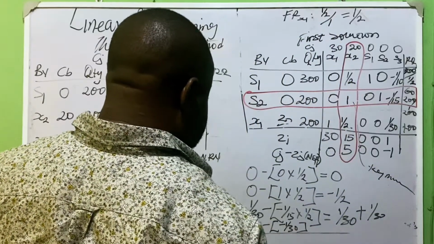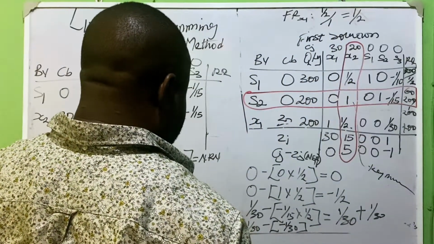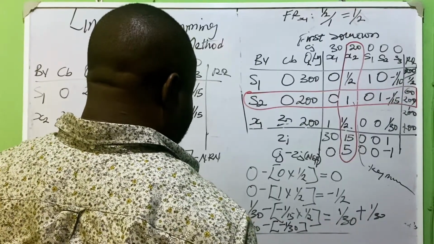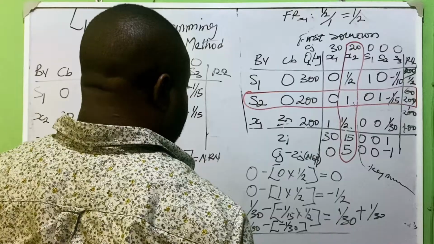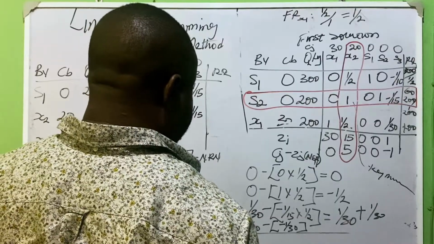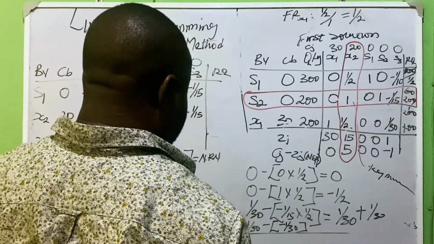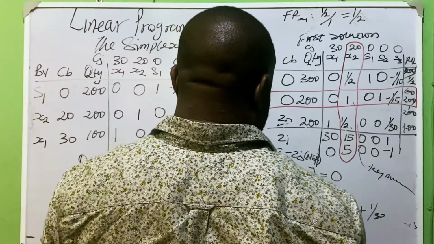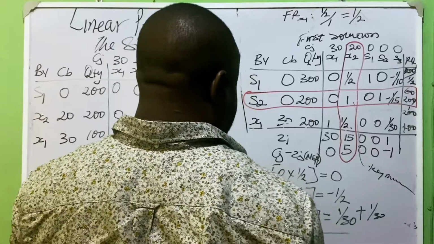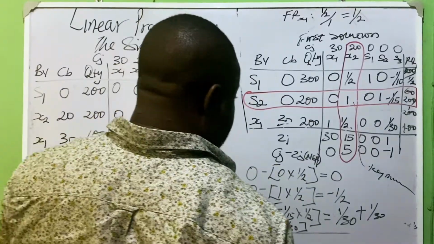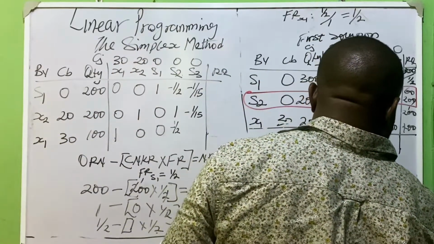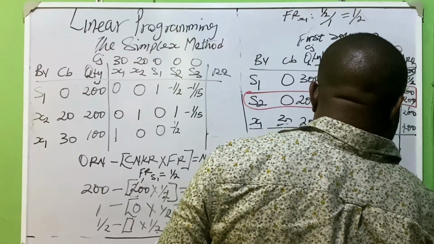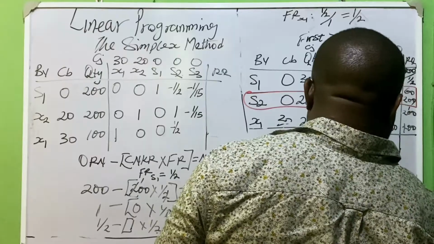Is that correct? 1 over 30. Okay, so we're going to have this equal to this.